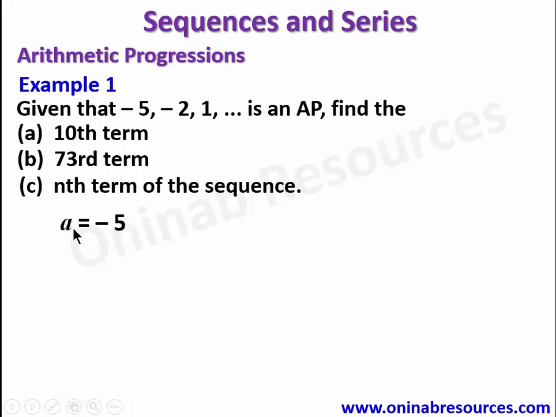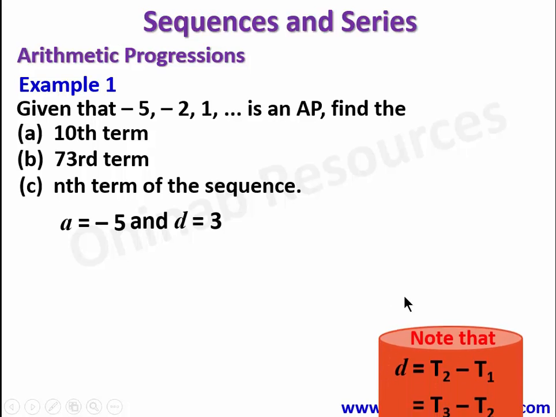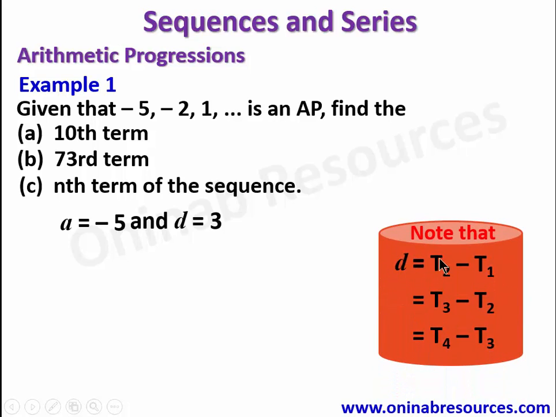As in our formula, we are given a to be -5 and d to be 3. How do we get d? We should note that d is T2 minus T1, that is second term minus first term, or third term minus second term, or fourth term minus third term. In any of these, you will get the common difference.